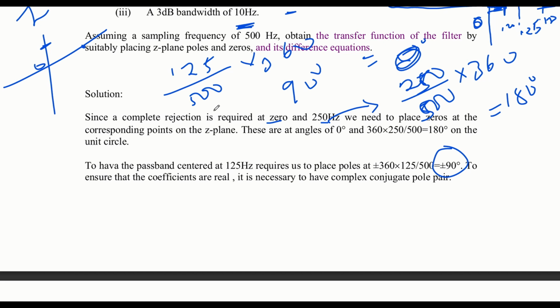When you add e raised to the power i theta, which has a positive angle, to e raised to the power minus i theta, what do I get? I'll get cosine of theta. Do you remember this?